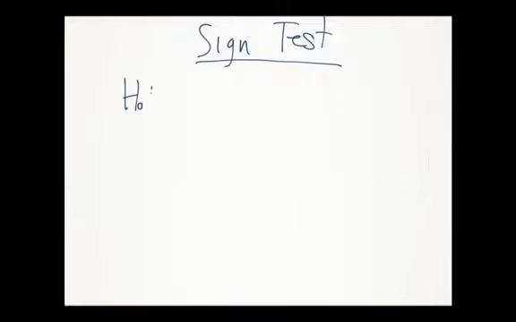So let's start thinking about our first nonparametric test. The simplest of all the nonparametric tests is called the sign test. And so what are the null and alternative hypotheses for the sign test? Well, the null, you guessed it, involves the median. No longer the mean. This is the first hypothesis test that we're doing that involves the median.